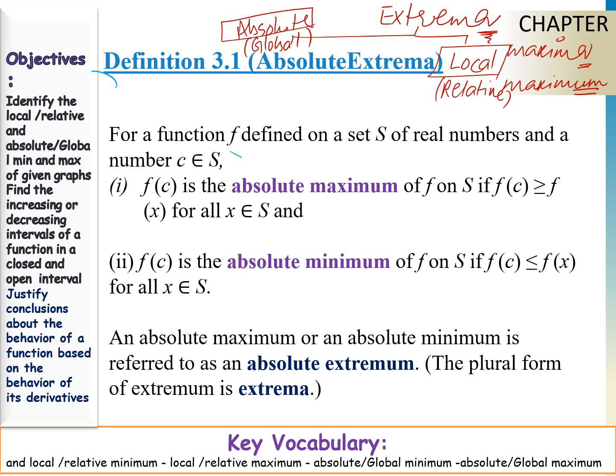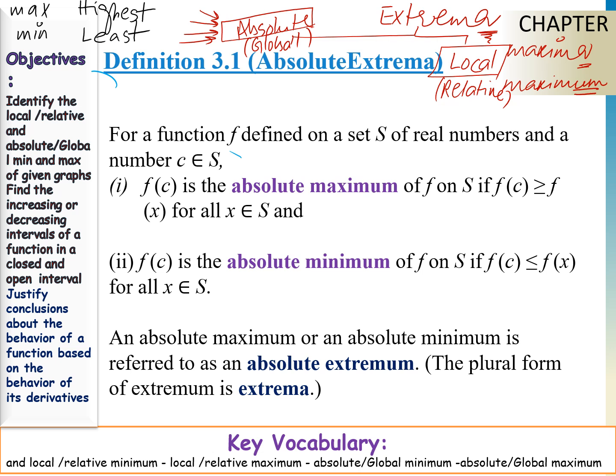So again, there are two kinds of extrema. One is said to be absolute and the other is said to be local. When we talk about the absolute extrema, absolute maximum means the highest point of the graph completely, and absolute minimum means the least or the lowest point of the graph.